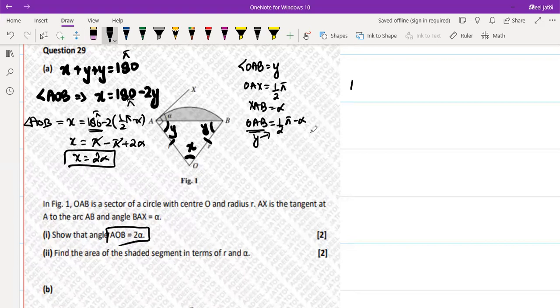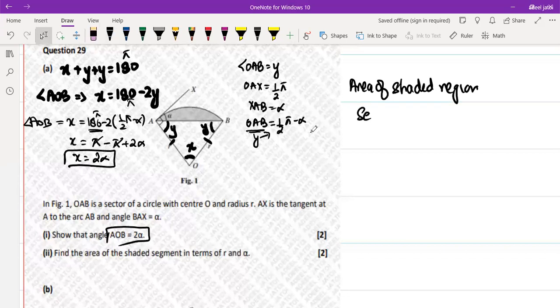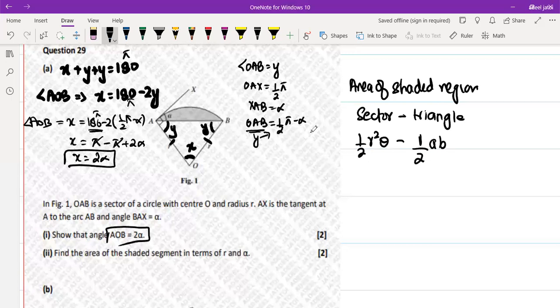To find the area of the shaded region, we take the sector minus the triangle. The formula of a sector is half r square theta, and for the triangle it is half AB sine theta.